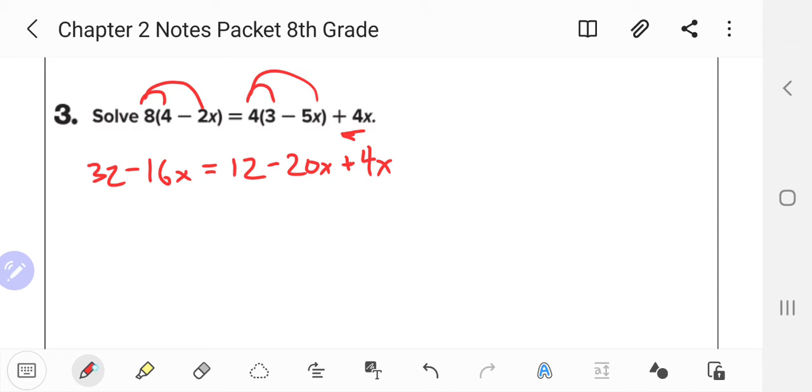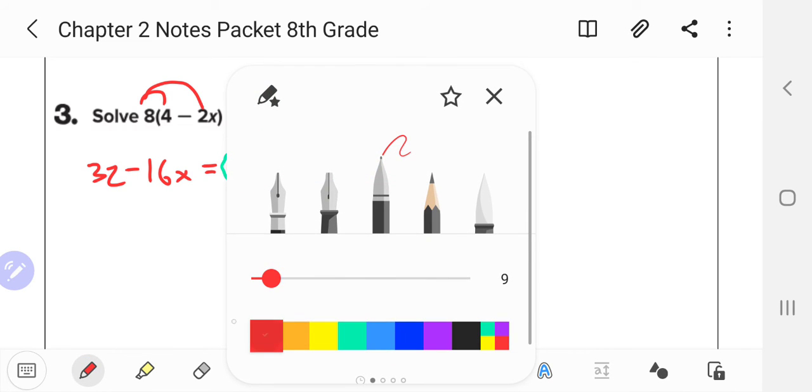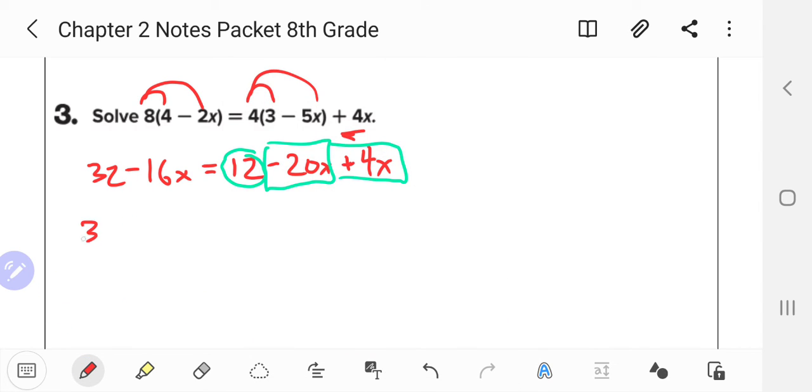I see over here that I have that 12, I have the minus 20x and the plus 4x. So I see that I have like terms I can continue to simplify before I start to solve. So everything on the left side is simplified, but I can combine these two like terms. So negative 20x plus 4x is going to be negative 16x.